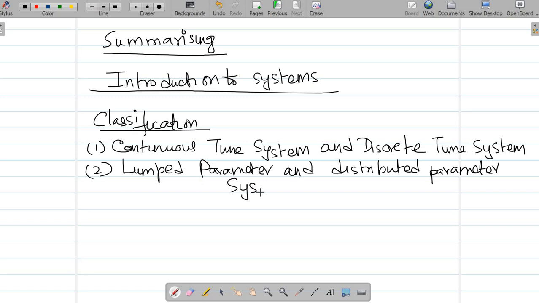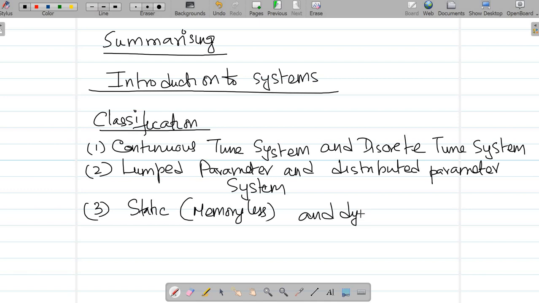Then we saw what is meant by static and dynamic system, or otherwise memoryless and dynamic, that which has memory systems.